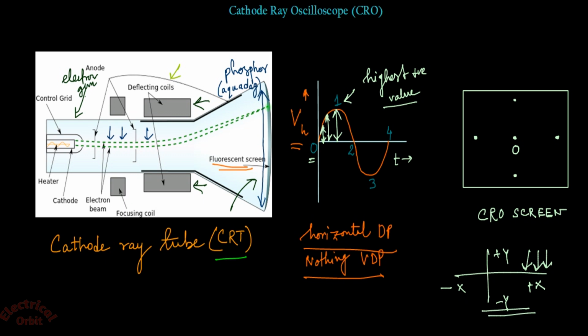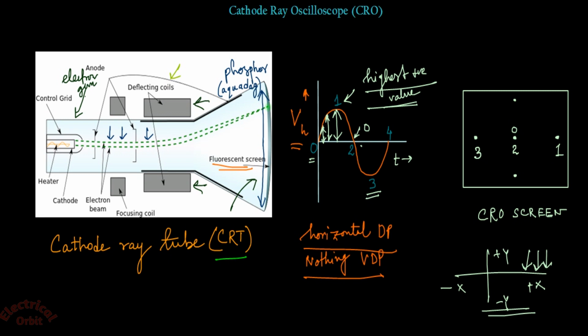Same is here. Point 1 is the highest positive value, so the highest positive point is here, 1. Again, when the waveform returns to position 2, the amplitude is again 0, so this is again the 0 position, the position of 2. Now at 3, it is the extreme negative value, so this is the extreme position of 3.